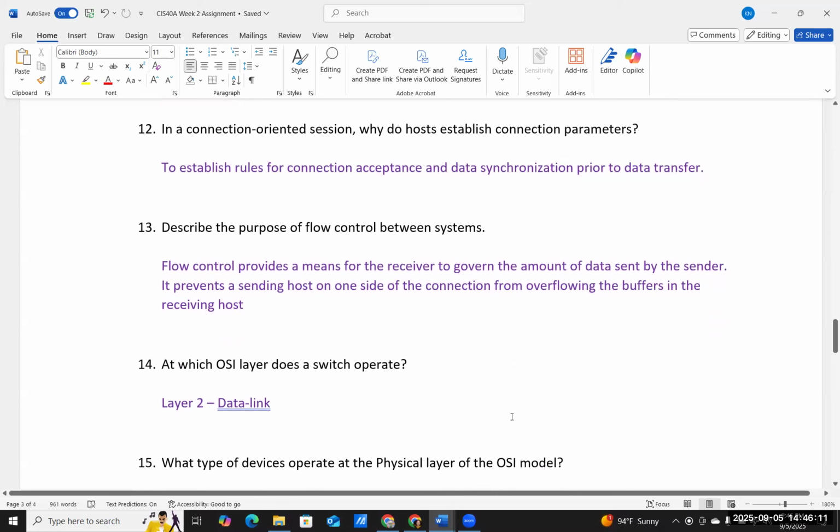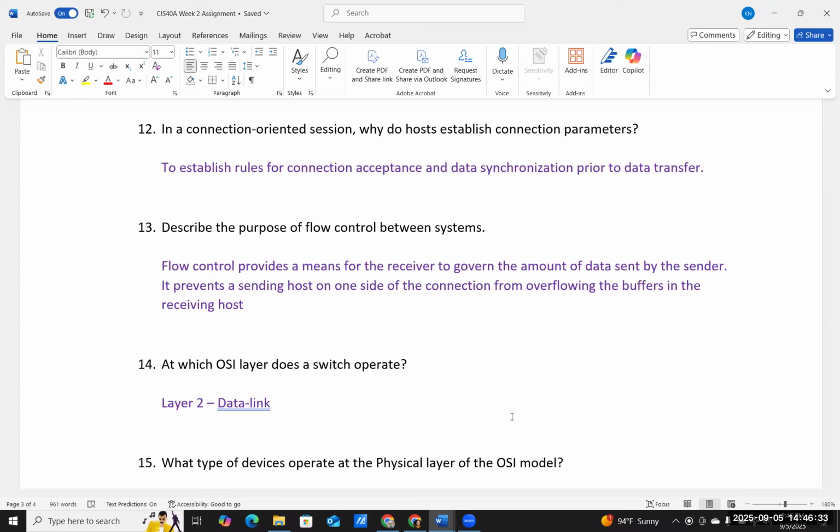Okay, so we talked about a switch. I'm talking about your simple layer 2 switch, not the advanced layer 4 or 5 switch. We talked about managed or unmanaged switches last week, right? An unmanaged switch would operate at layer 2.